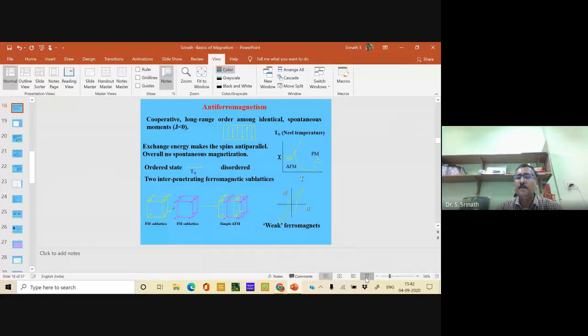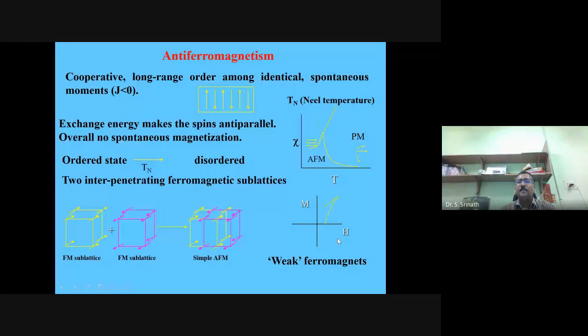Okay. The hysteresis loop looks slightly different. You can see that it is difficult to saturate this, because if you apply the field along one sublattice, the other is anti-parallel. So it takes a lot of energy for the magnetic field to flip it along its direction.